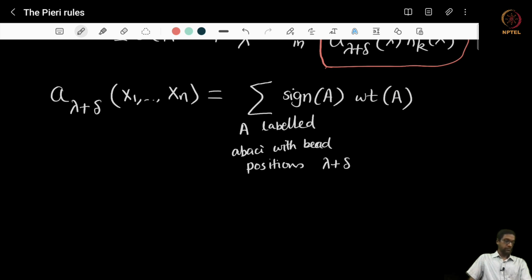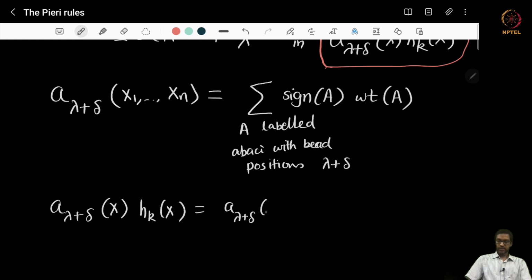Now observe that if you are going to think about this product A lambda plus delta times HK, what are you dealing with? Recall what HK was. HK is actually the sum of all monomials whose total degree is k.